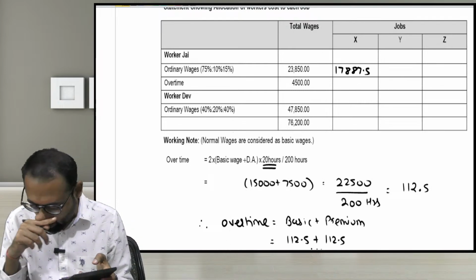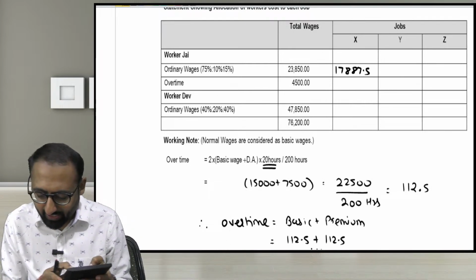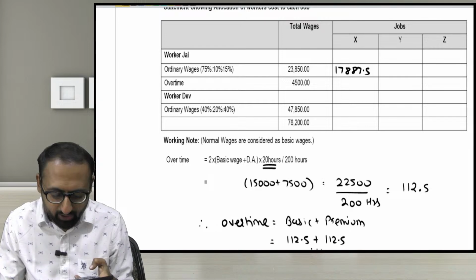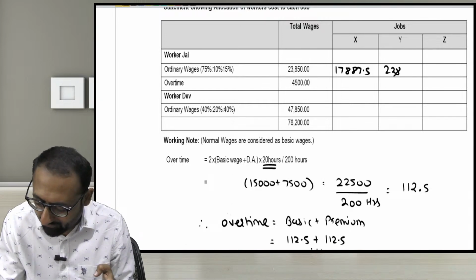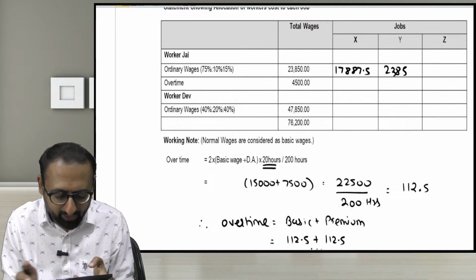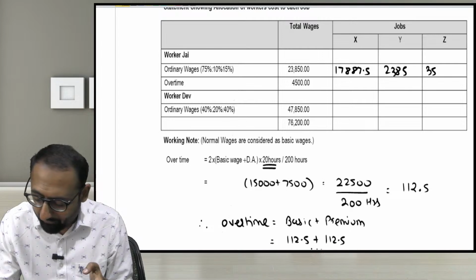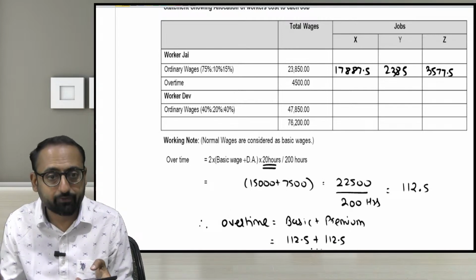17,887.5. Job number Y, you can check that 0.10 if you take, it will be 2,385, and 0.15 if you take, it will be 3,577.5.